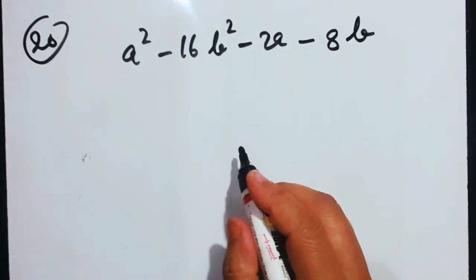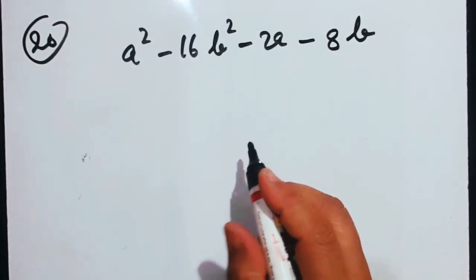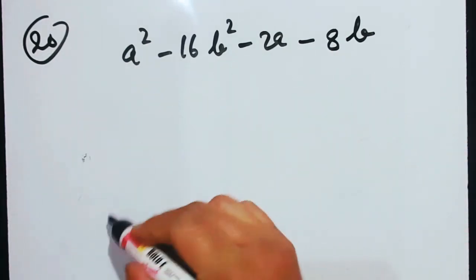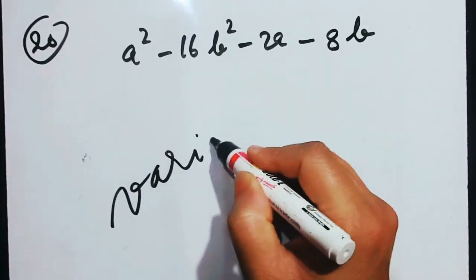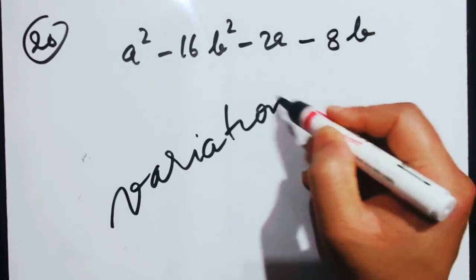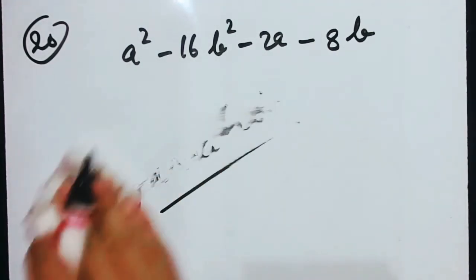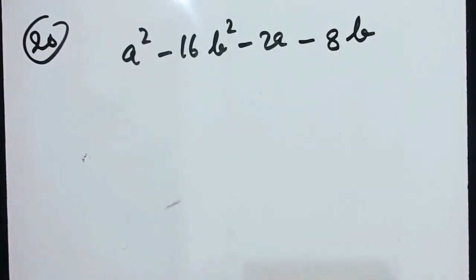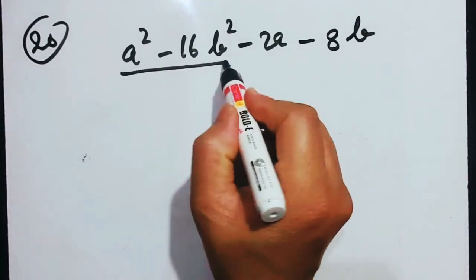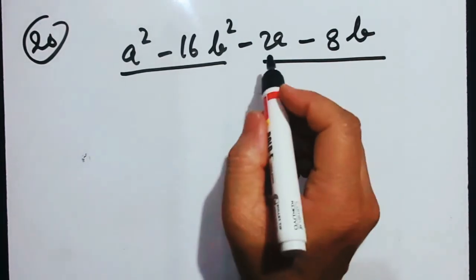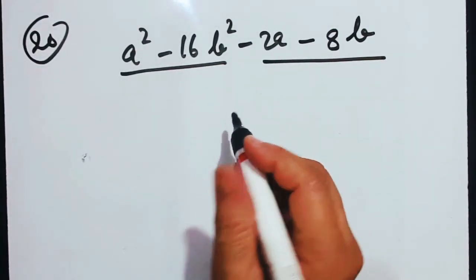Okay, let us see. Now here I find that again there is a variation. Variation is always there. If this variation didn't exist, naturally you wouldn't like solving the sums. Now when you look at these two and these two, is there some difference? Let us see.